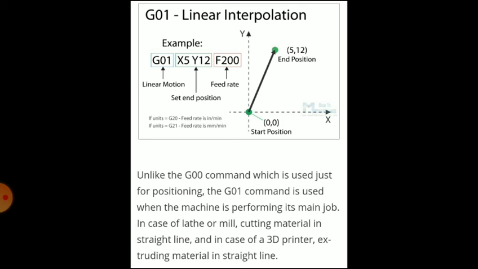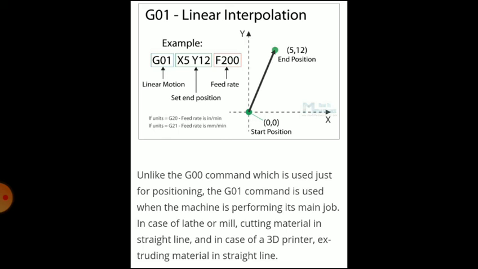Unlike the G00 command, which is used just for positioning, the G01 command is used when the machine is performing its main job, that is a cutting operation. In case of a lathe or mill, cutting material in a straight line, or in case of a 3D printer, extruding material in a straight line.